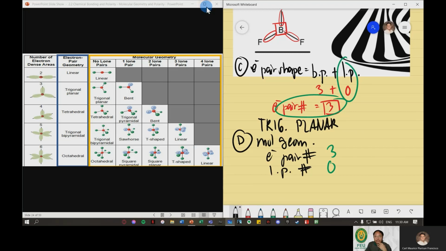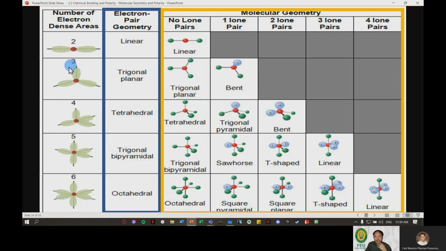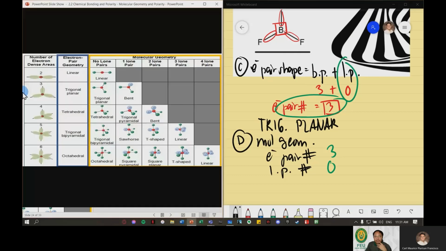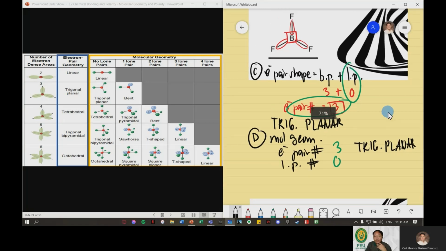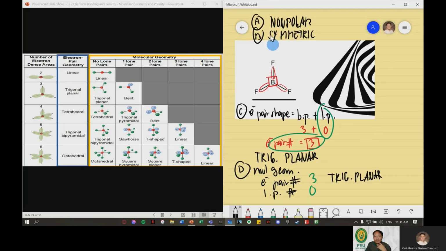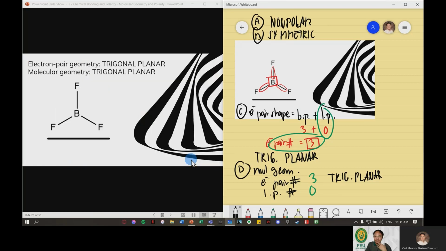Look back again in the table, 3, and then no lone pair, trigonal planar as well. Okay, so hopefully this was understood on how to identify polarity, symmetry, electron pair shape, and molecular geometry shape. So I have the same answer with that of the PowerPoint.